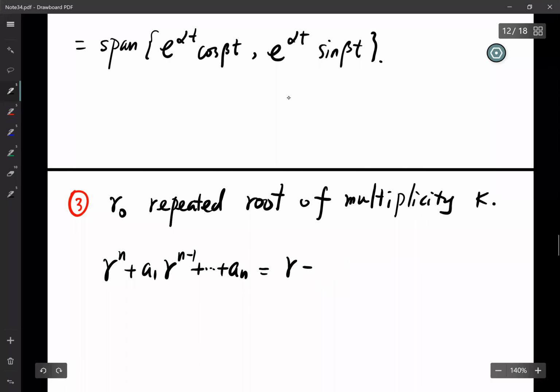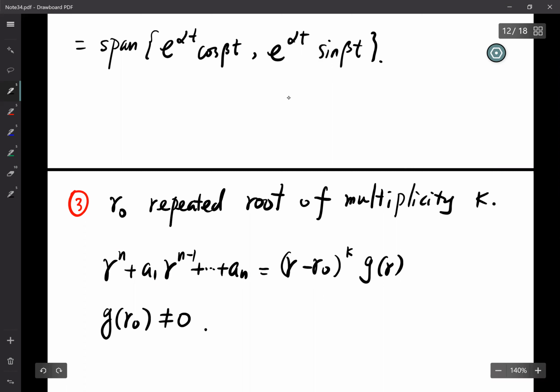Oops. r minus r naught to the kth power times another polynomial g(r), such that g(r naught) is not zero. So that, this is what it means that r naught is a polynomial root of multiplicity k. Any question?